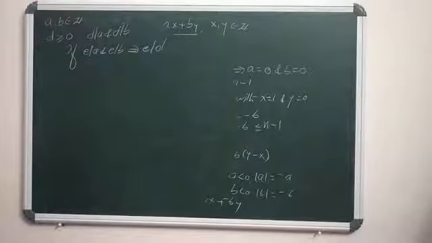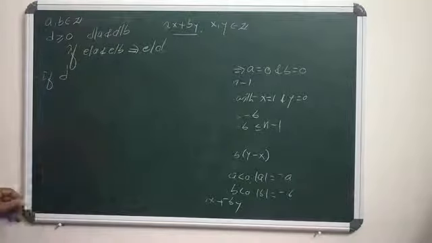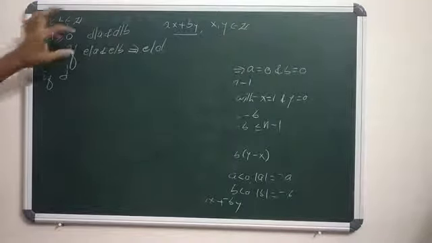Now, how to prove the uniqueness here? Uniqueness means, if possible, suppose D dash is another divisor that satisfies both of these conditions.